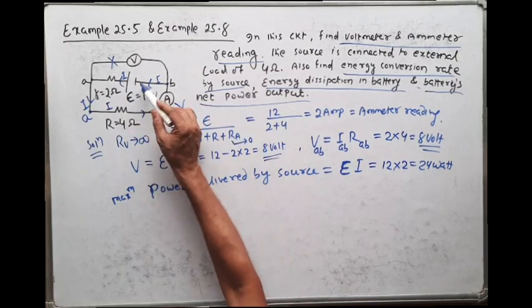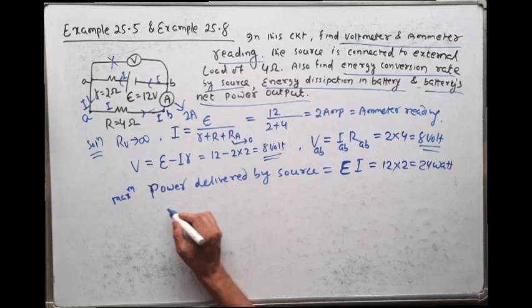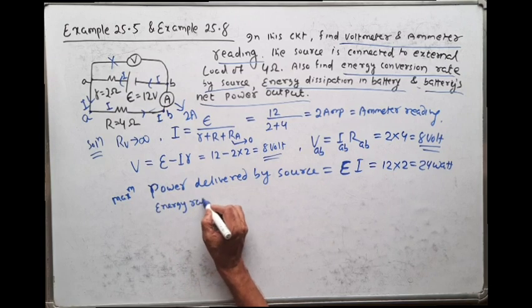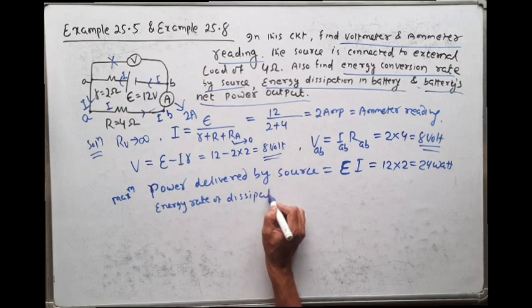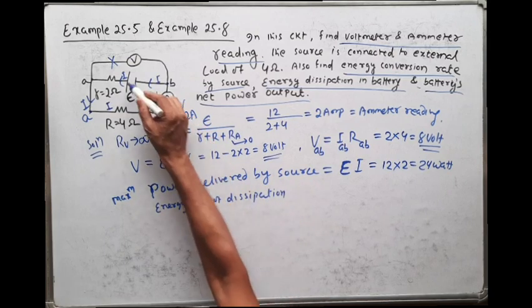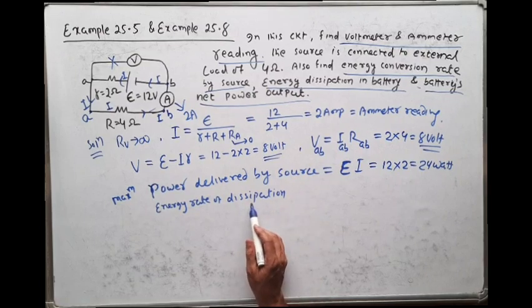And from that power, there is some internal loss inside the battery due to internal resistance. That is called the energy rate of dissipation, that is, the energy lost in this internal resistance. And its rate of energy dissipation is called power.